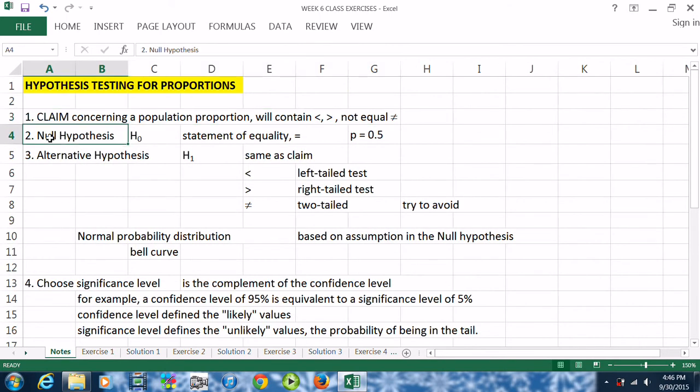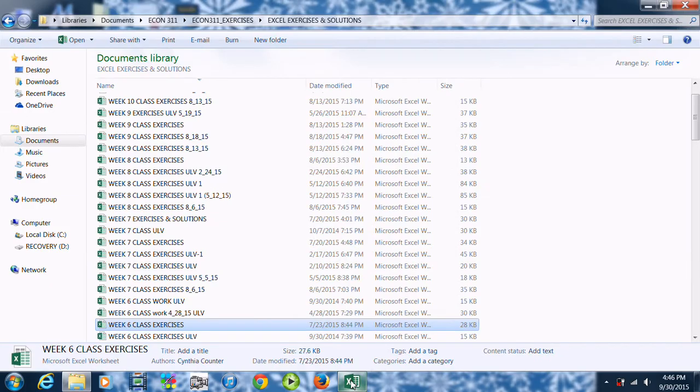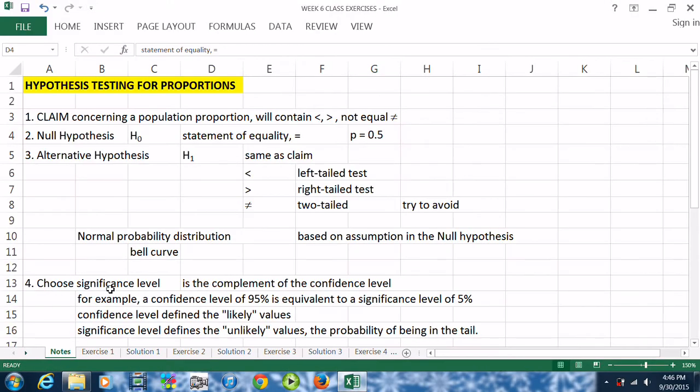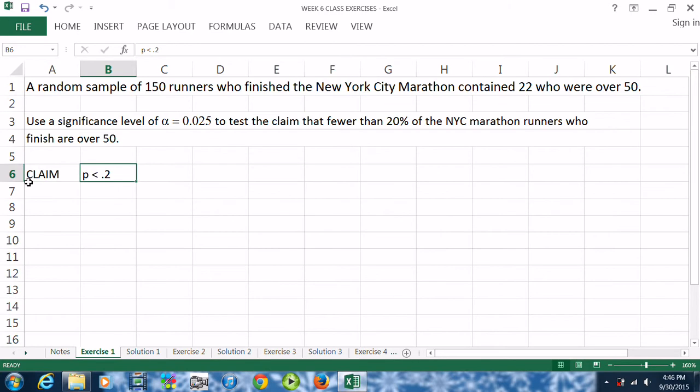Once we have the claim, we need what is called the null hypothesis, which is denoted with an H sub 0, called H0, some call it H-O, could call it H naught, n-a-u-g-h-t, where naught means 0. But the null hypothesis, H naught, is always a statement of equality. So in our example, we have the claim that p is less than 0.2.